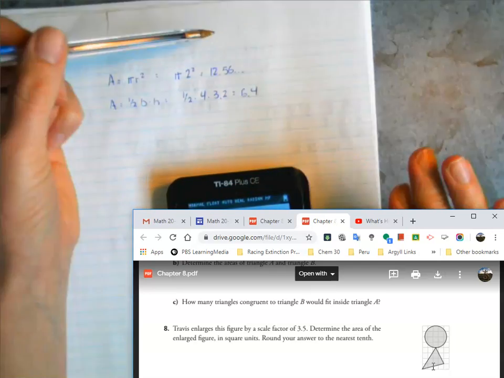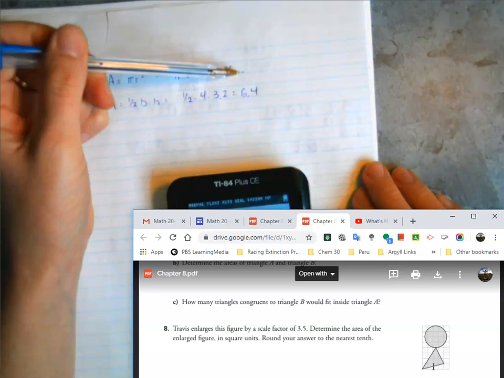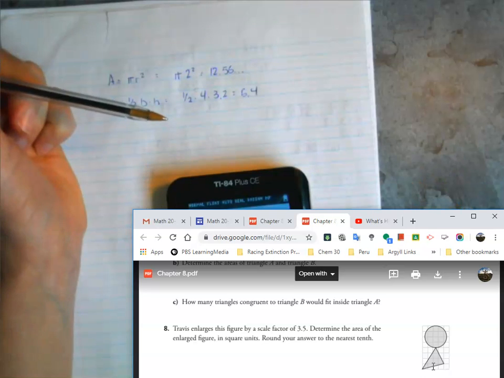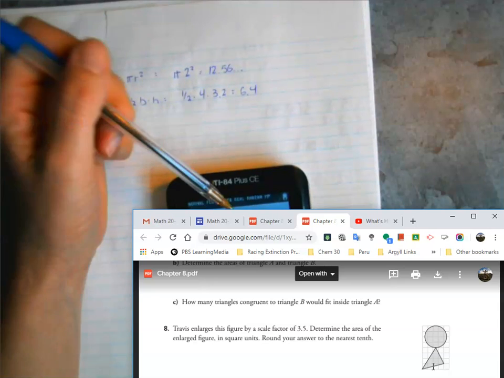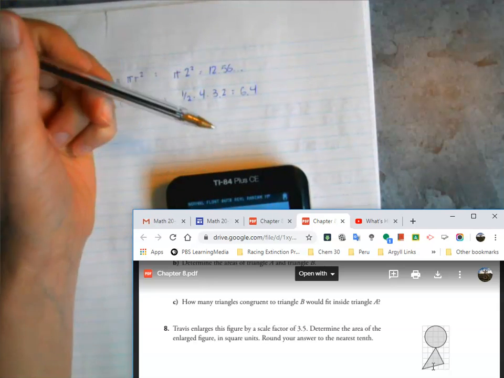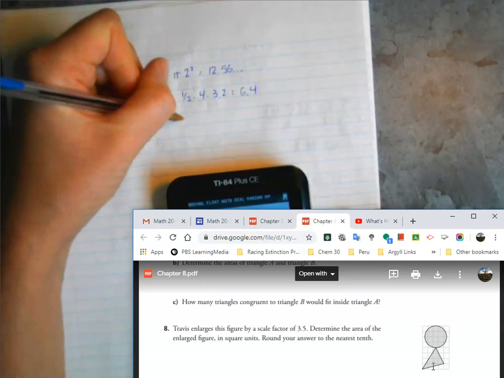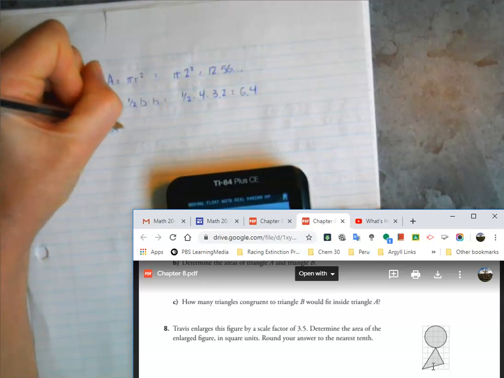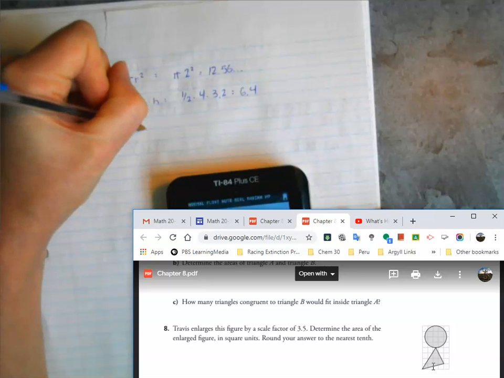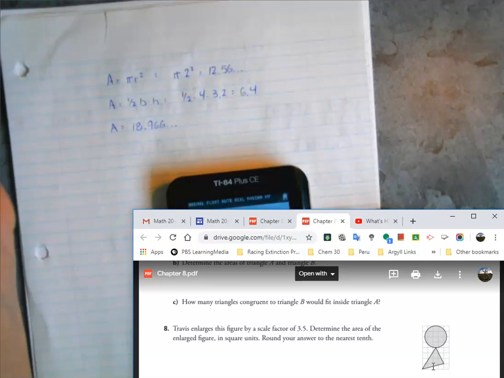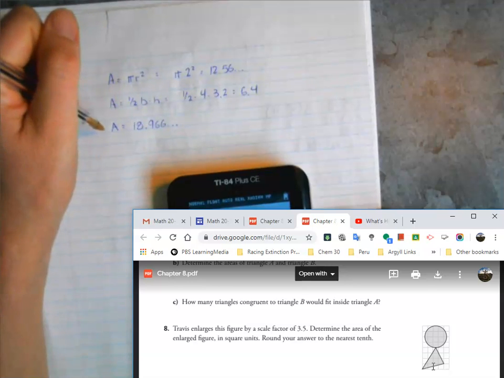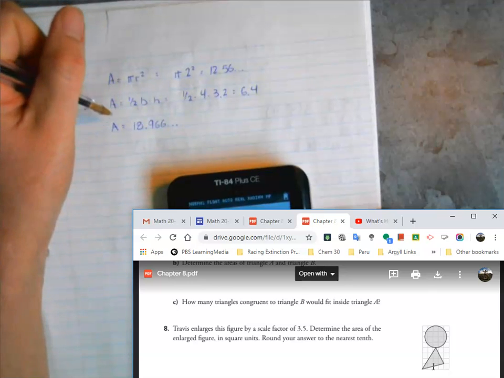So now we know that the total area of these two shapes together is going to be this 12.56 plus the 6.4. So again, always keep as many decimals as you can so that your answer stays quite precise. So the total area of those shapes together is 18.966, a continuing decimal. Now, as we know, when we're calculating area, we need to multiply it by the scale factor squared.